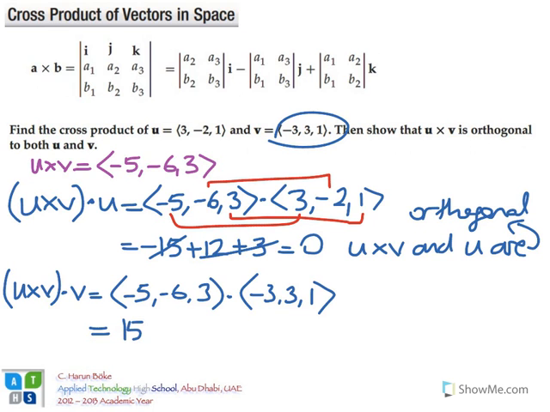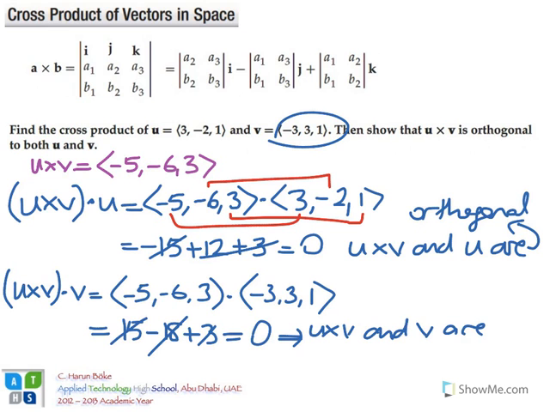Minus 6 times 3 is minus 18. 3 times 1 is 3, so it will be plus 3. 15 plus 3 gives you 18. Minus 18, it is 0, so we can say that u cross v and v are orthogonal.